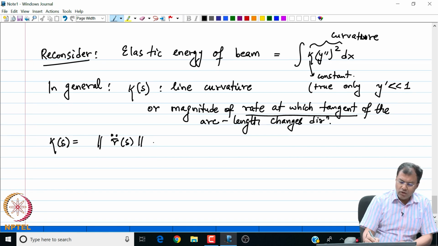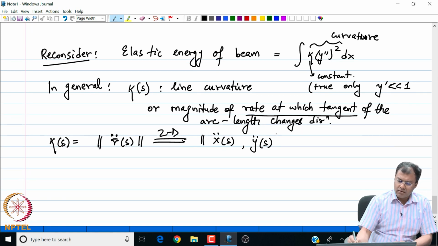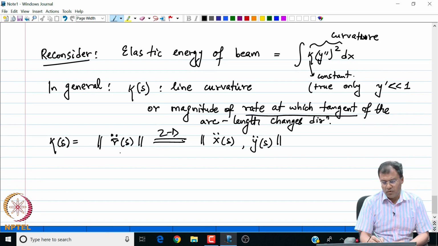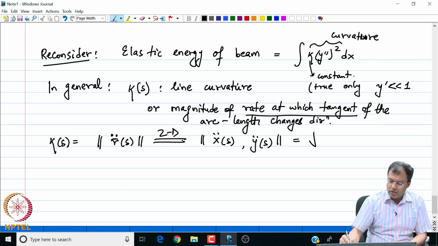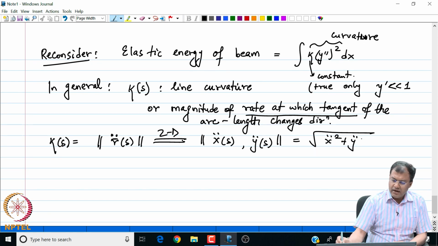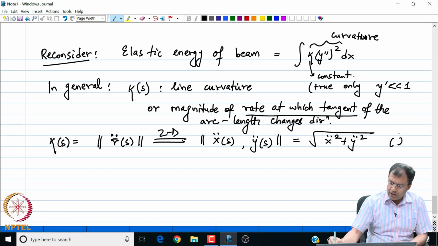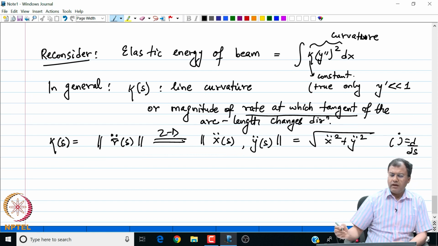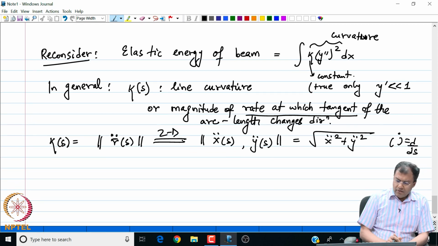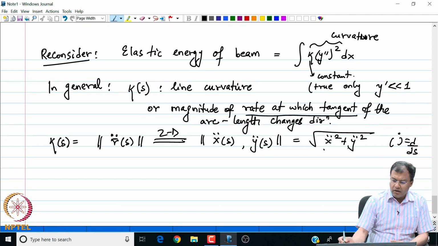So in 2D, this is nothing but the magnitude of x double dot comma y double dot of S, where the double dot is of course the derivative of the quantity with respect to the independent variable S being the arc length, or this magnitude is also equal to the square root of x double dot square plus y double dot square. Okay. So where we define my dot to be the derivative with respect to the variable S or the arc length. Now we need to describe all these derivatives x double dot and y double dot.